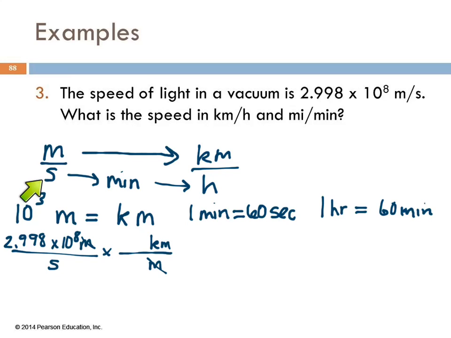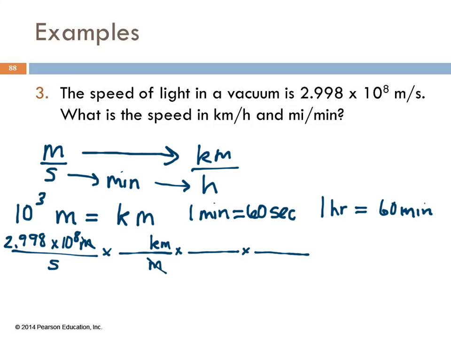For the bottom unit, we had 2 arrows, seconds to minutes, minutes to hours. So that means I've got 2 more factors. Seconds is on the bottom, so these things have to be upside down. So seconds to minutes to hours is in the bottom of these fractions.